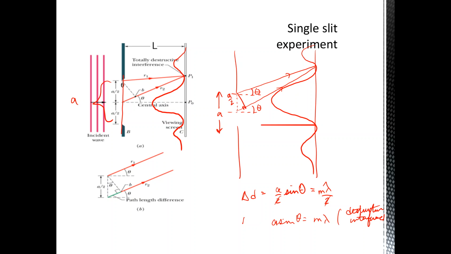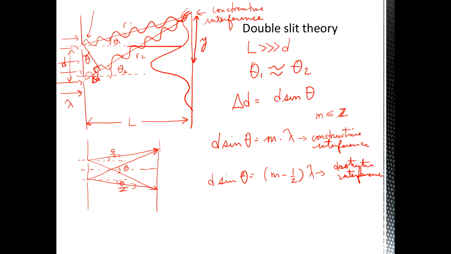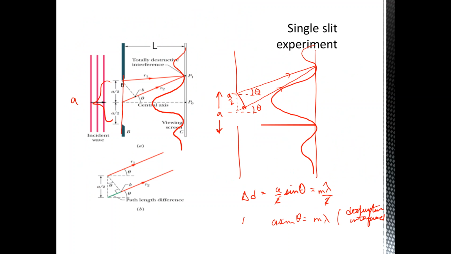To me, that's strange, and hopefully to you it's strange too, because look, for the double slit experiment, d sine theta equal to m lambda is for constructive interference, whereas in a single slit experiment, it's for destructive interference. Same exact equation, but for a single slit, it's a bit different.